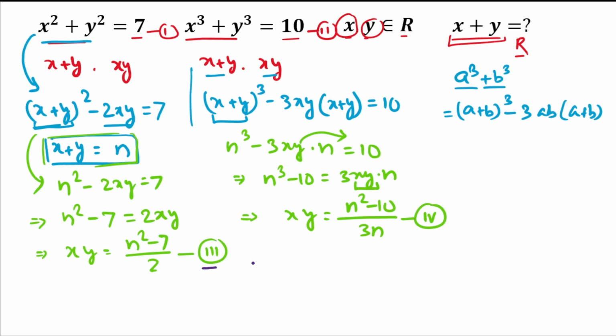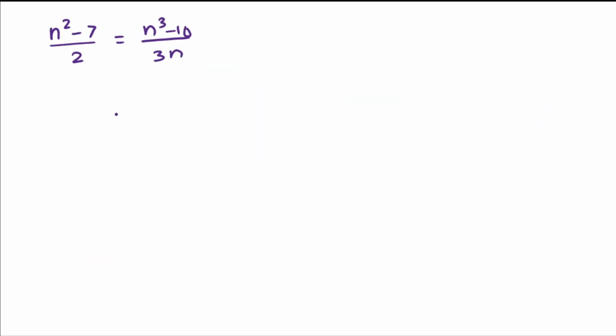Now in equation 3 and equation 4 we have the value of xy, so we'll equate the right hand side values of xy. We have equated both the equations. Now we'll cross multiply it.